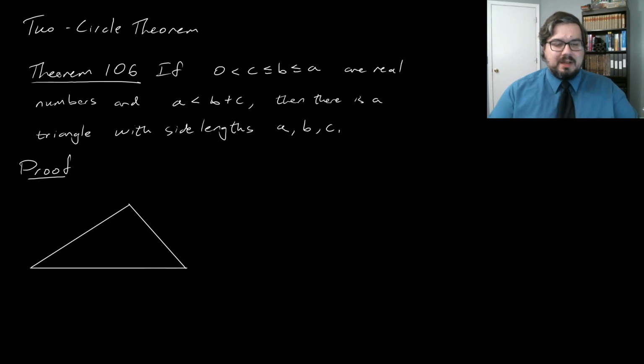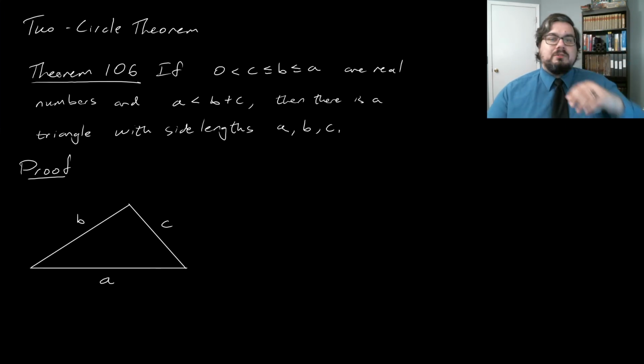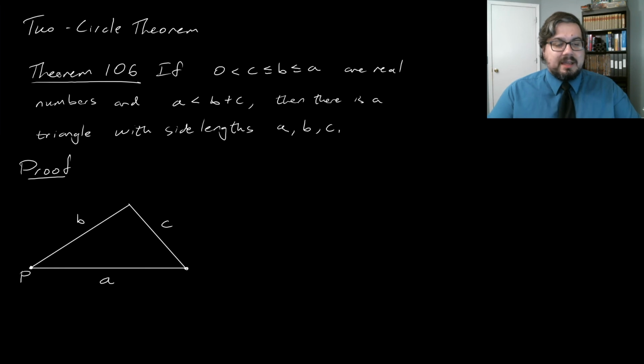We want to construct a triangle like this with side lengths A, B, and C. Now, usually trying to build a triangle off of the largest side is the way to go. So the way the formal proof might work is something like, let P and Q be 2 points such that the length of the segment PQ is A.